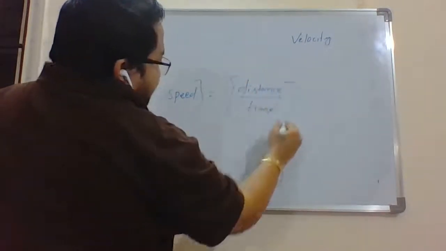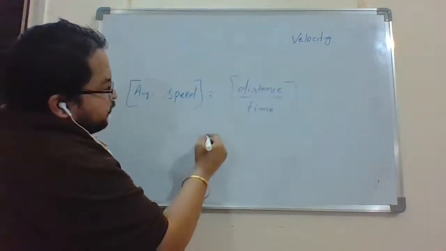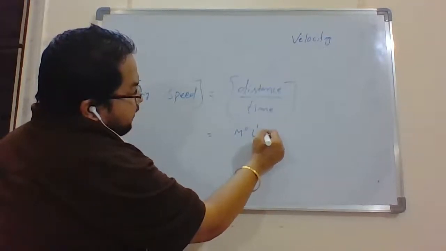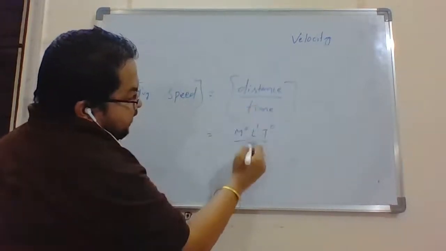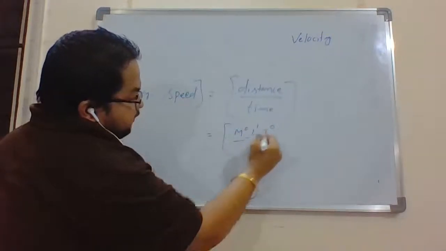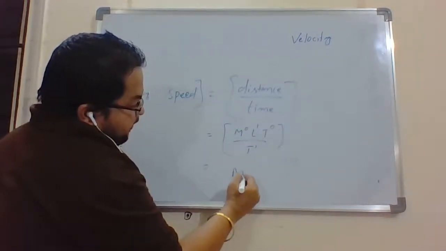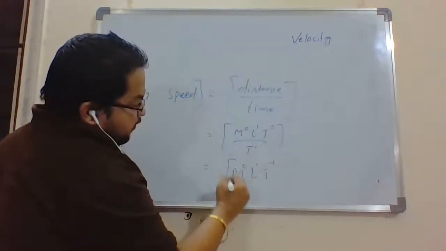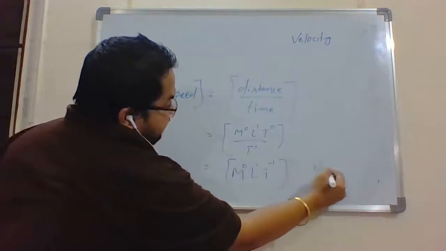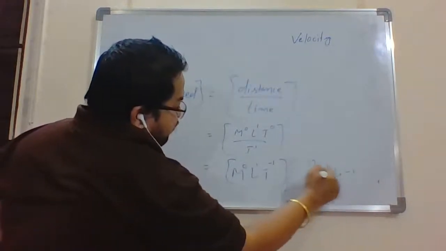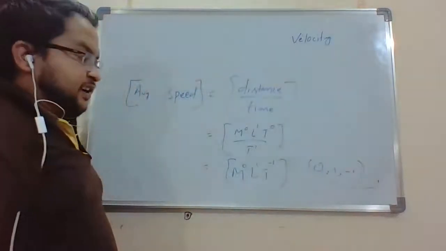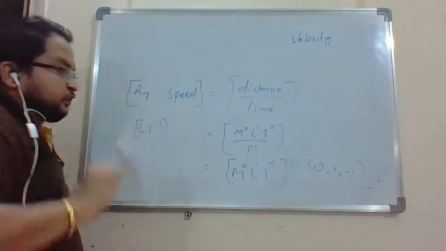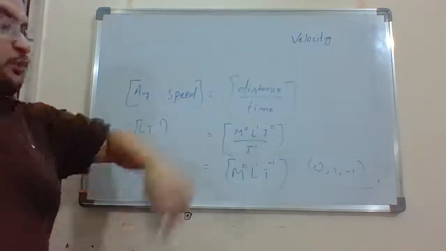We know distance is nothing but a length. So I can say this is nothing but M0 L1 T0, by time which is T1. So this is nothing but M0 L1 T minus 1, or people say the dimensions are 0, 1, minus 1 in terms of MLT. Or you can simply say it's LT minus 1, whichever way you want to express. So these will be the dimensions.